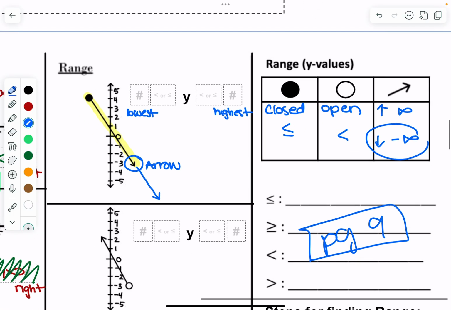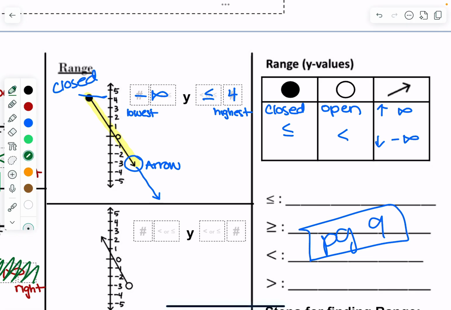And since it's pointing down, it's going to be negative infinity on my left side. Now my highest number is 4. And this is a closed point, so it gets a symbol for closed. And I also remember, if I put an infinity anywhere, I just need to delete that side. So my final answer, and my y's in front, so I don't have to flip anything: y less than or equal to 4. That's my final answer. Okay.